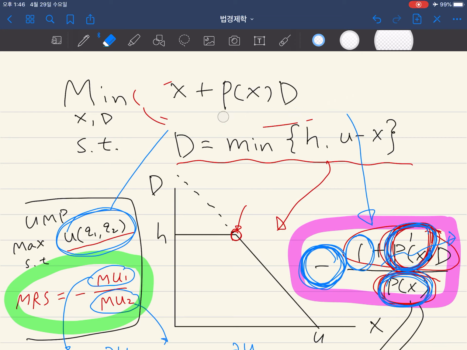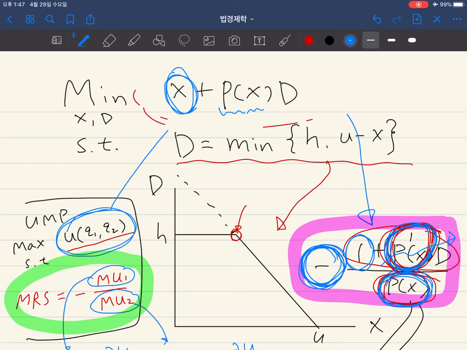Look here, we have x. x is a level of effort, or it translates to care cost. So this first part can be considered as accident care cost, and this is accident probability.